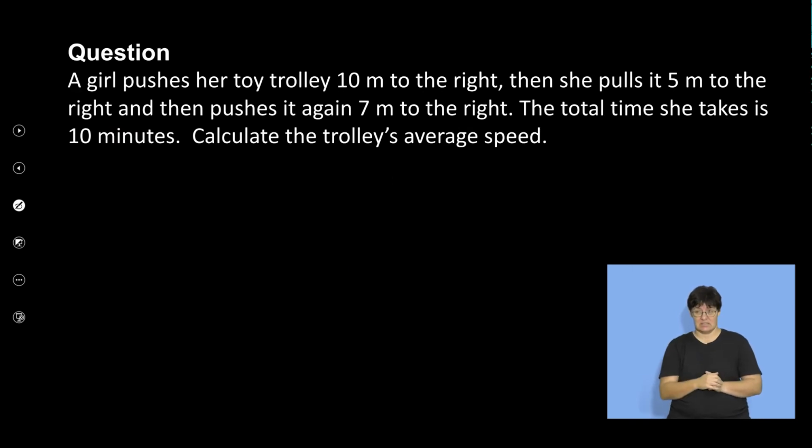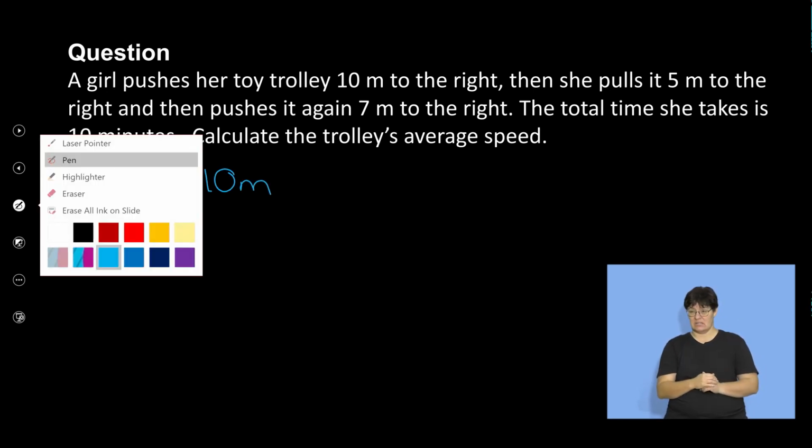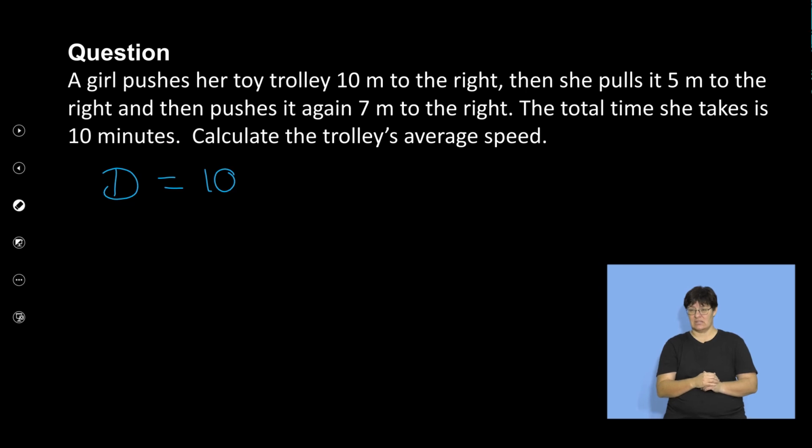So we want average speed. Average speed means I need to know distance. So I want the distance, and she went 10 meters right. I don't need to put the units in here, so let's just take that out. So she went 10 meters, then she went another 5 meters, and then she went 7 meters, right?